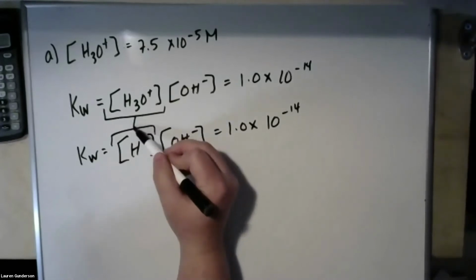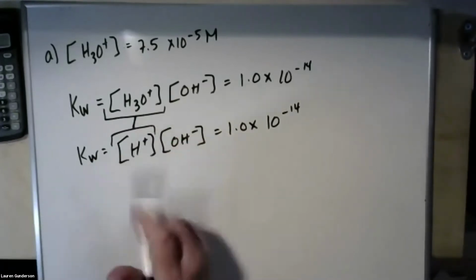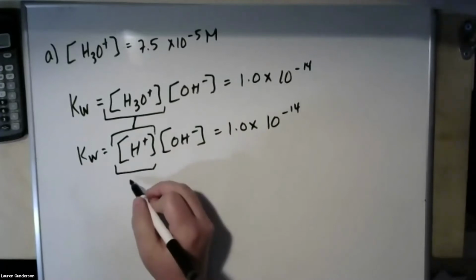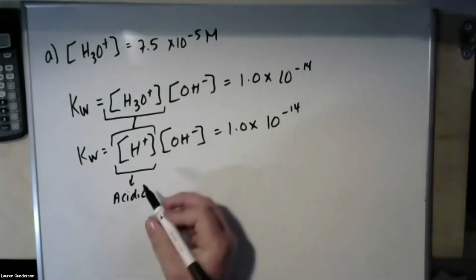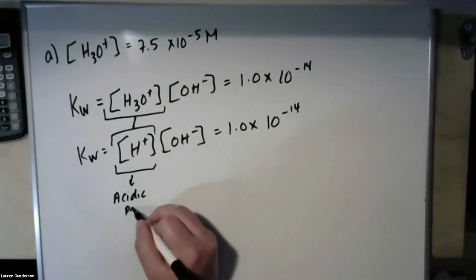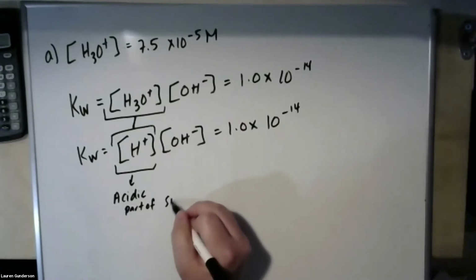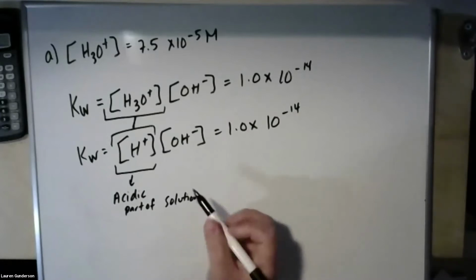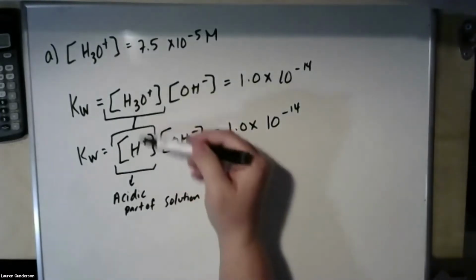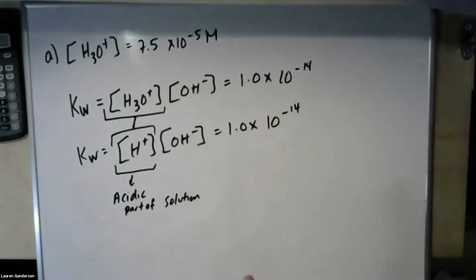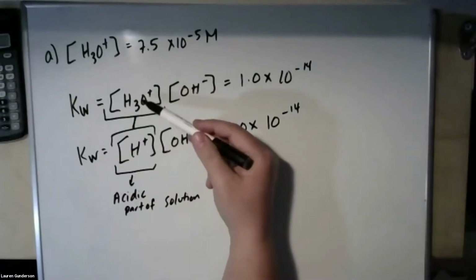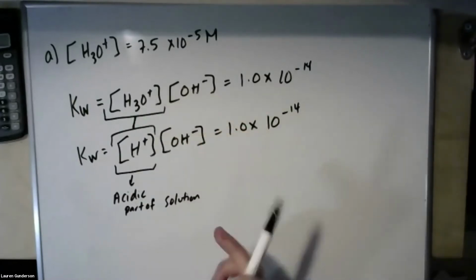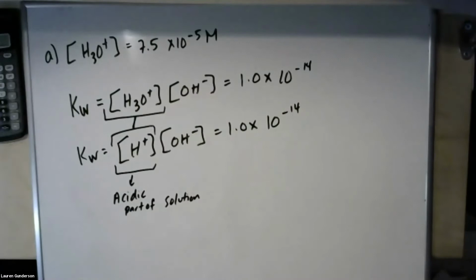But these two things are used interchangeably throughout your acid and base chapters to represent the acidic component of a solution. I might switch back and forth between them. Your textbook might, Professor Sheehan might. Just don't be surprised when we use either term to represent that acidic part of the solution.